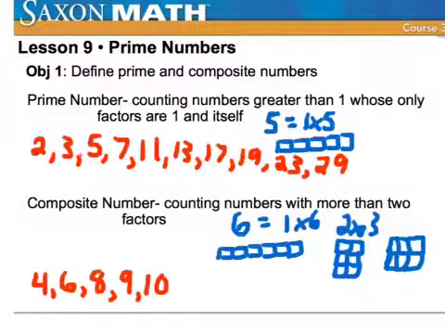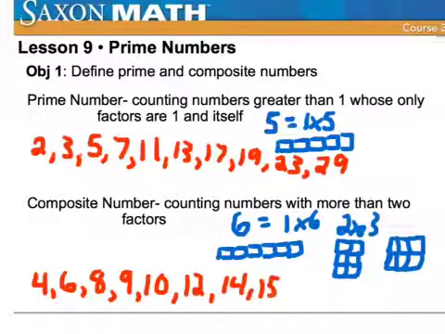And then 10, and then 12, and then 14, and then 15, and then 16, and then 18. It's the first 10 composite numbers. Okay, so again, that's 1, 2, 3, 4, 5, 6, 7, 8, 9, 10.